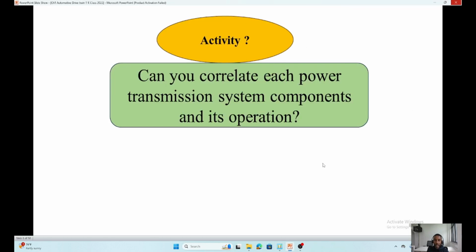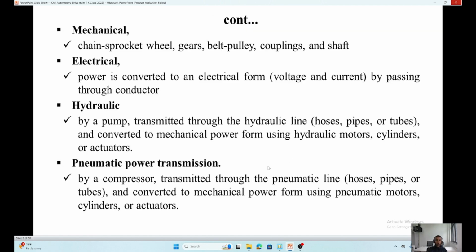So this correlates the mechanical, electrical, hydraulic, and pneumatic parts. When you come to the mechanical system, they will have chain, sprocket, wheel, gears, belts with pulley, coupling, and shafts, which are the actors that operate in this mechanical part.